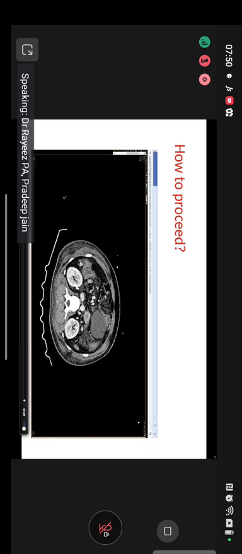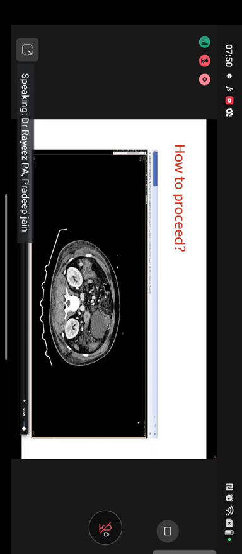You're audible but not clear. Yeah, I can hear you. Sir, if the HB is stable, we should watch with serial hemoglobin measurement. The next day we can do an ultrasound screening as well to see if the size of the hematoma is increasing, or if there is any variation in the hemodynamic parameters.